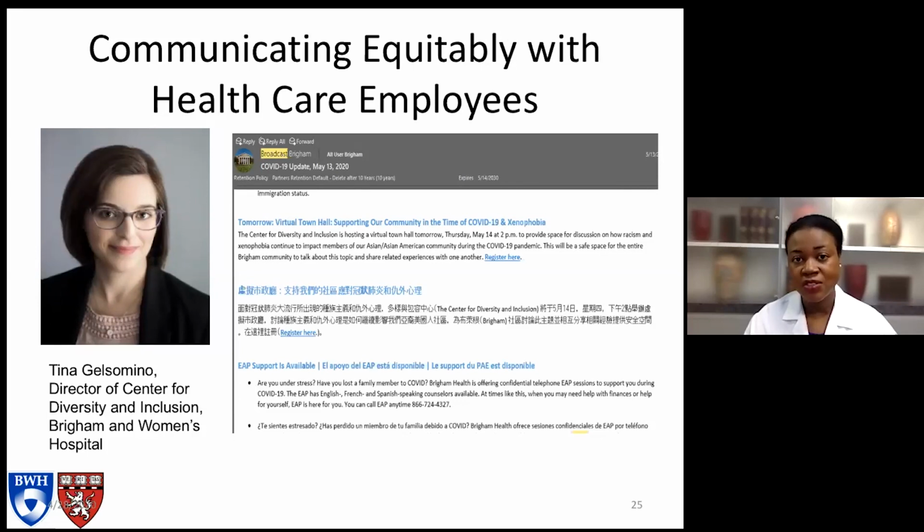What you'll see on this slide is one of the first times within our healthcare organization that emails were delivered to our employees in multiple languages to make sure that staff had access to information on coronavirus processes within our hospital, as well as opportunities for stress relief and for counseling to help them manage stress associated with providing care during the pandemic.